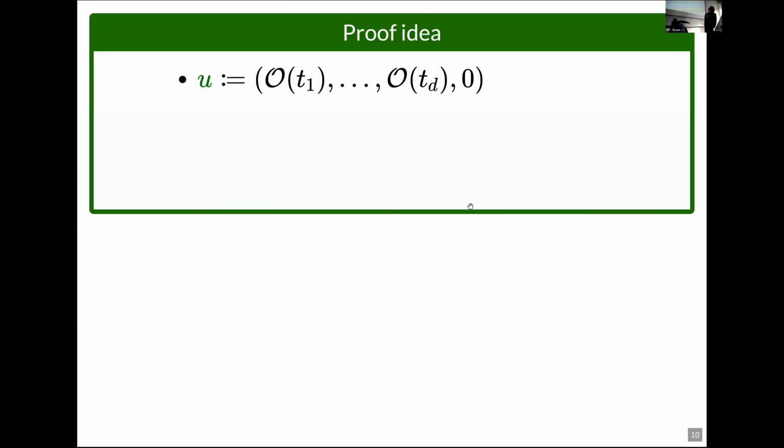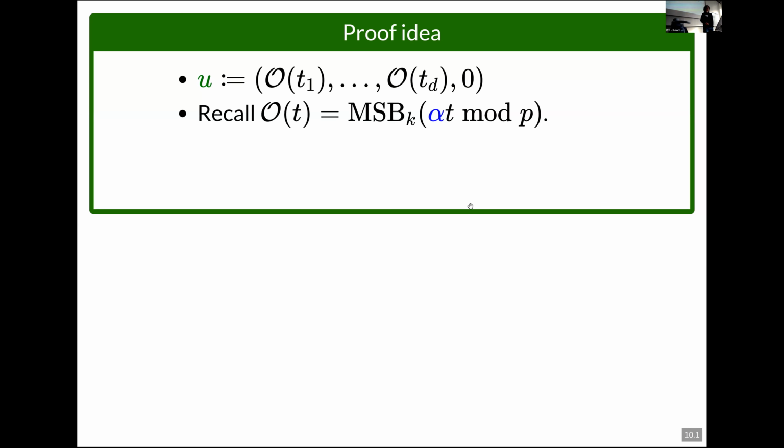OK, so what is the proof idea? How does the adversary actually extract alpha? So we're going to construct a vector u consisting of each of the outputs of this oracle. Recall that this is the definition of our oracle. It gives some information about alpha t mod p.